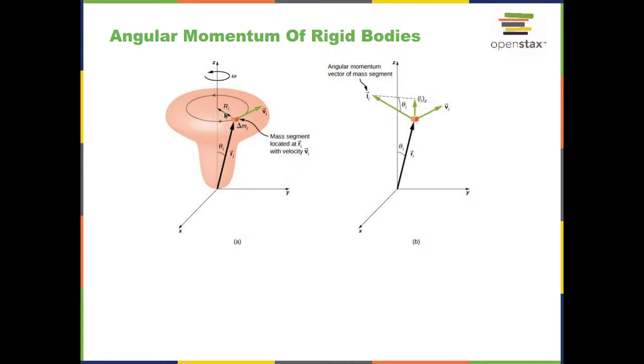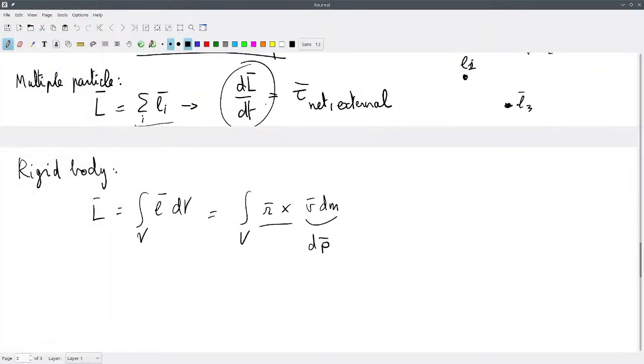So r will be here. v will be in the xy plane, and ultimately we'll end up with an angular momentum that is in the direction of the z-axis, and that has a magnitude that is given by the integral of r times v, which is r omega dm over the entire volume.